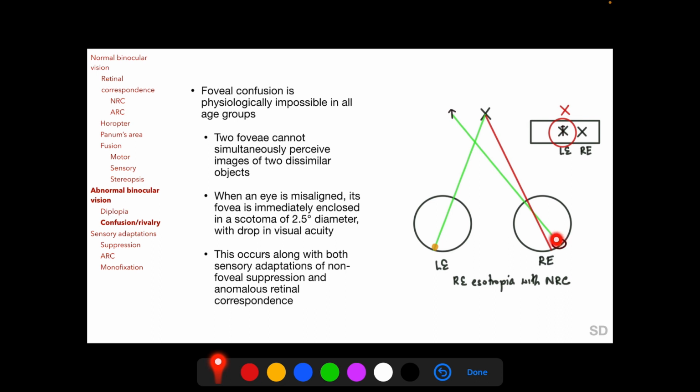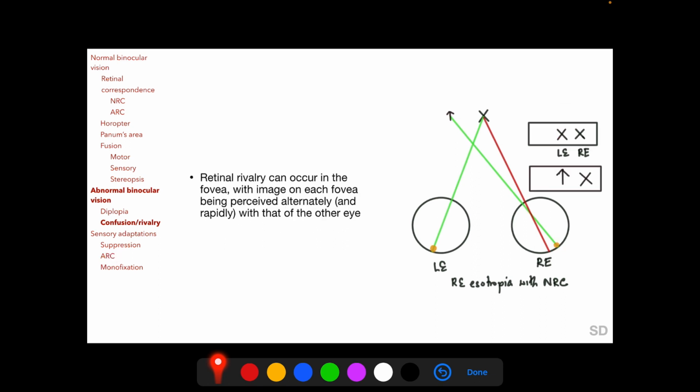This foveal scotoma, to avoid central confusion, occurs along with both sensory adaptations of non-foveal suppression and anomalous retinal correspondence, which we will be discussing subsequently in this session. However, retinal rivalry can occur in the fovea, with image on each fovea being perceived by consciousness alternately with that of the other fovea.